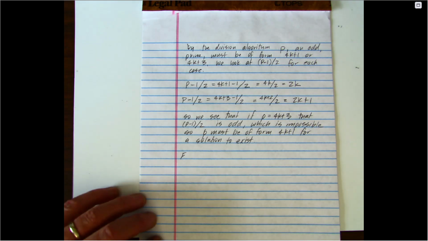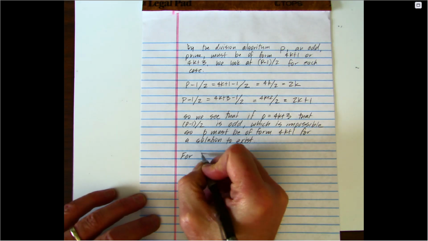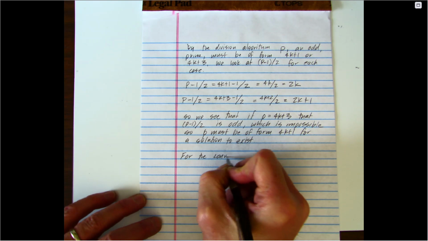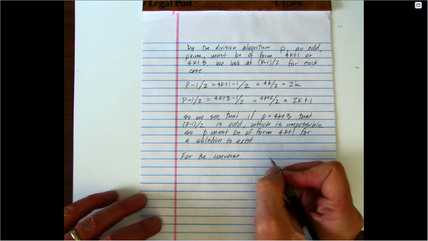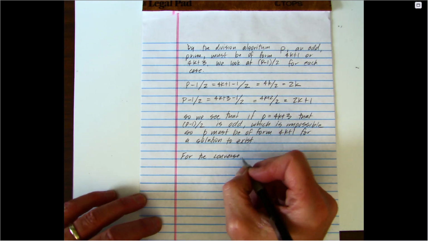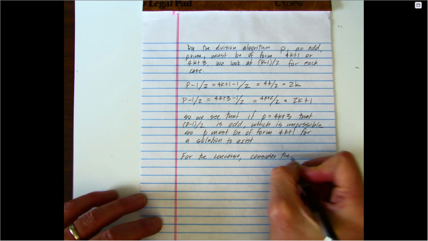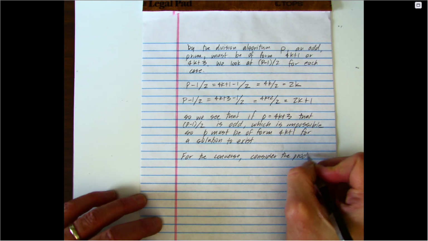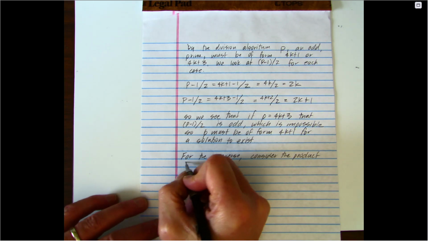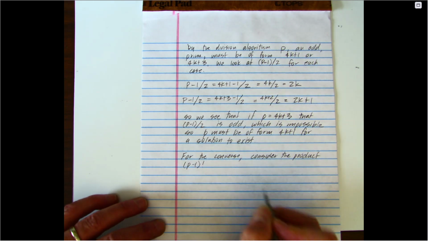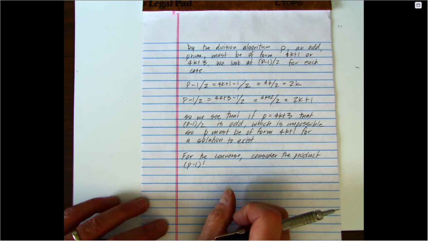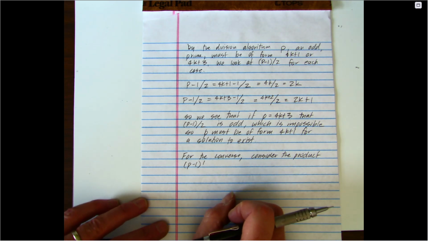So for the converse, consider the product (p minus 1) factorial, and this is where Wilson's comes in. You notice, so far nothing has happened here that smells like Wilson's, right?